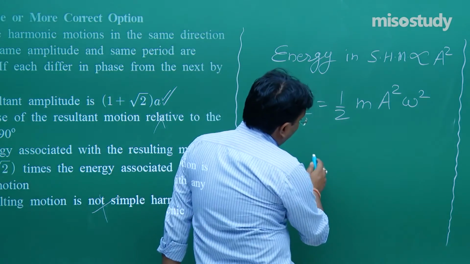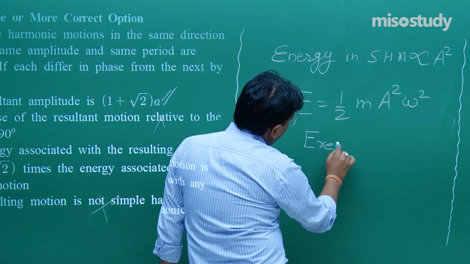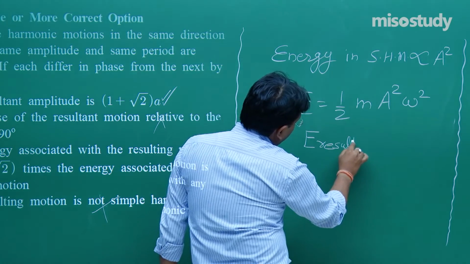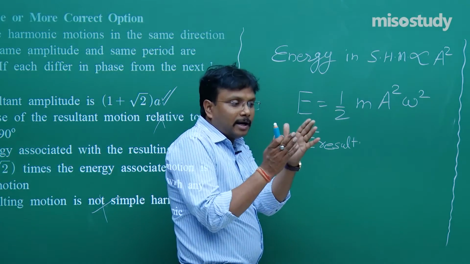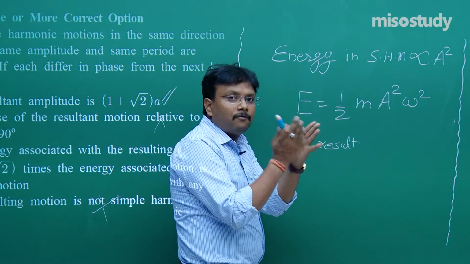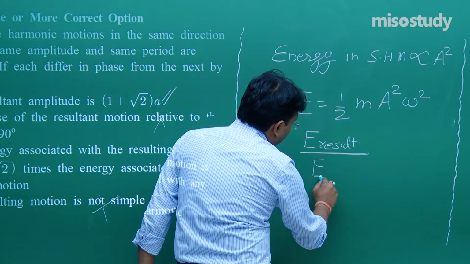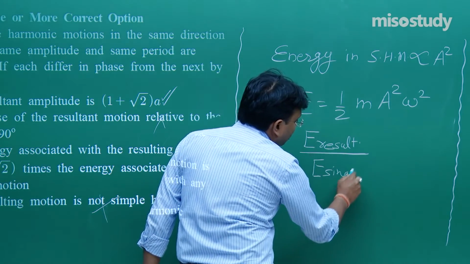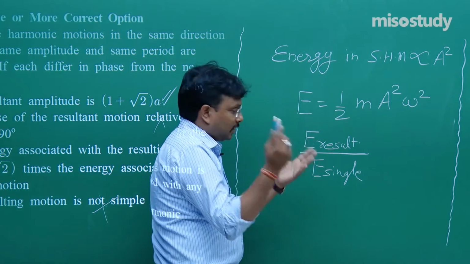From here what we can say, E resultant, means that resultant simple harmonic motion you are getting by combination of y1, y2 and y3, upon E single, means any single one, either y1, y2 or y3.